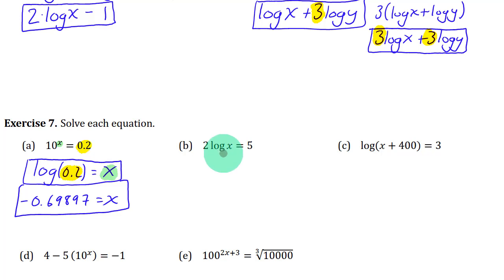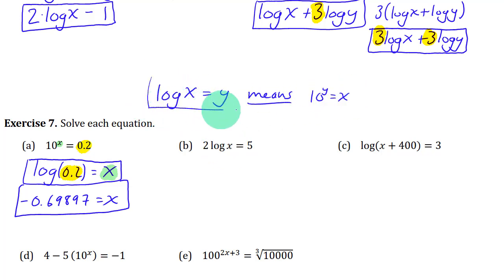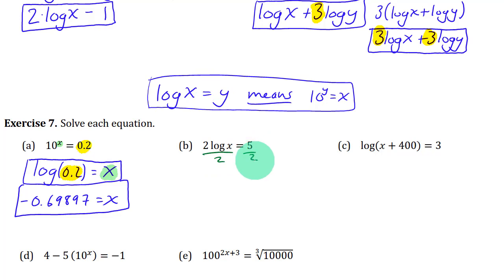So, how about with this one? Let's get it so that we have something in the form of just log of something equals something. And I'm just writing this for reference. This is the all-important definition of what a logarithm is. So we want to get the logarithm by itself. You can divide both sides by 2, and you'll get log of x equals 5 over 2, which is 2.5.